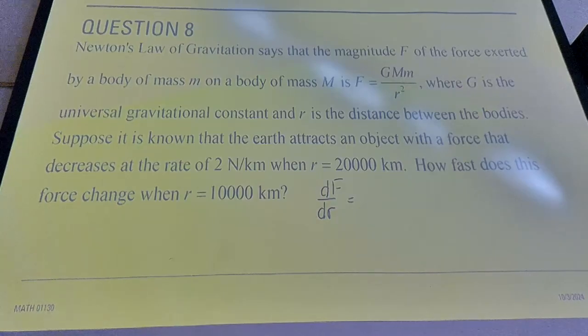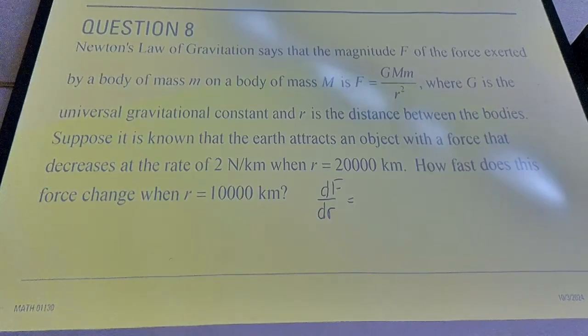This is a simple derivative. So G is constant, right? Big M is constant. Little m is constant. So that's a scalar.